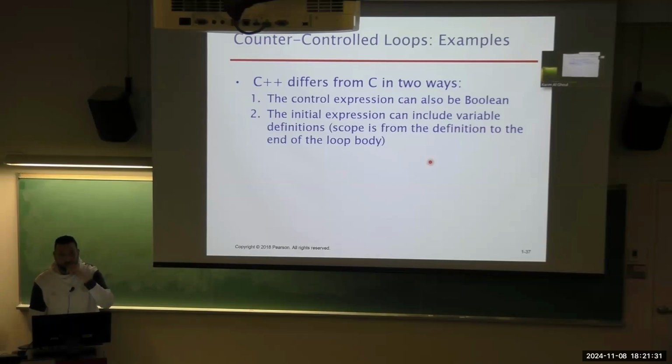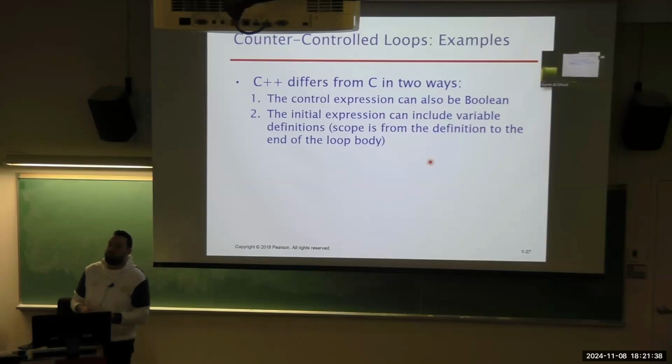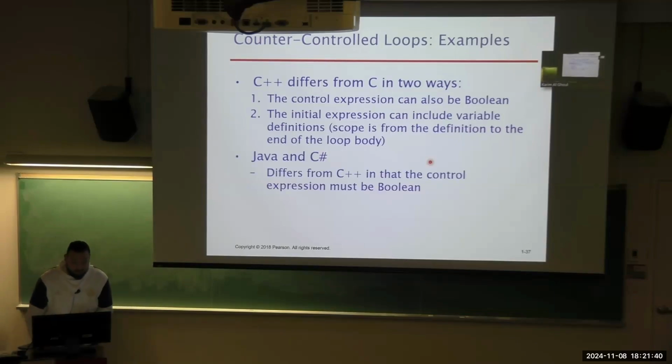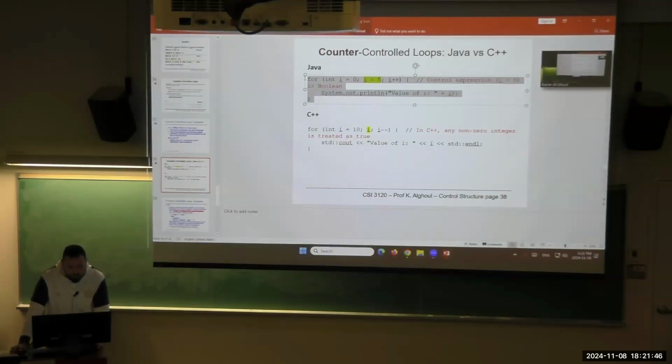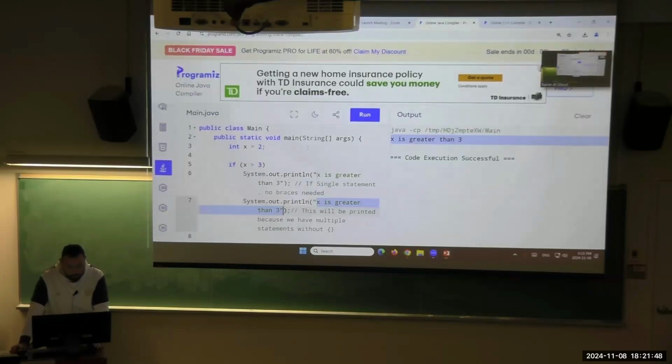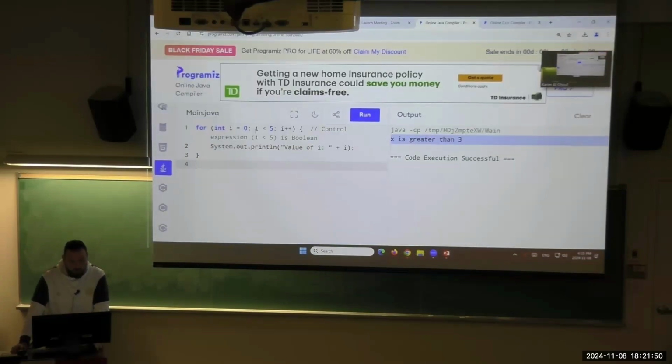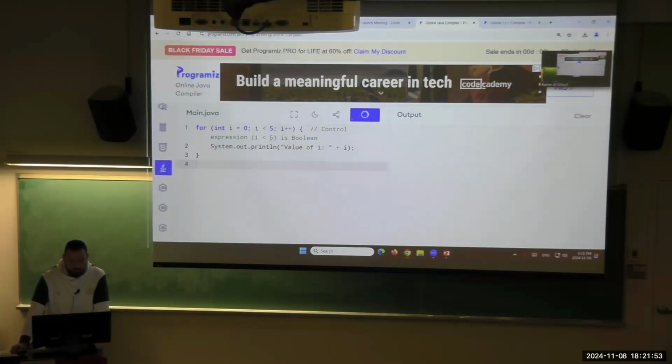Yeah, so in Java it is explicitly Boolean. Again, the same idea like the what? The if condition. So in Java and C#, you cannot use the iteration. So if I want to take an example, actually in Java, if we try this, it will work fine, right?